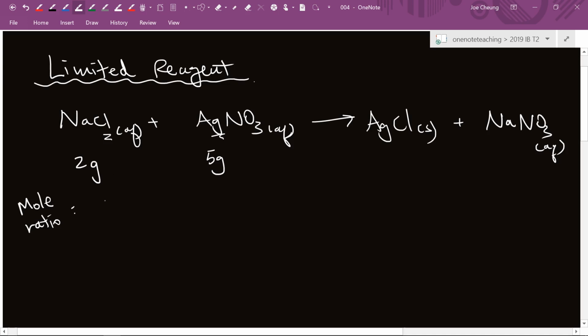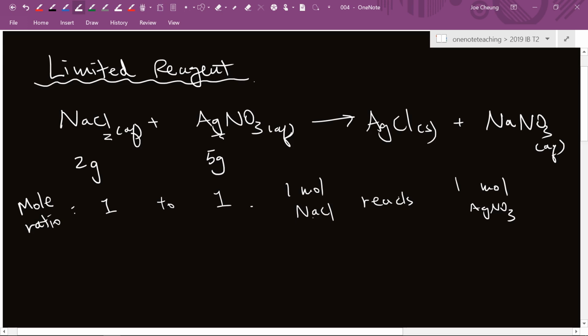The coefficient for sodium chloride is 1, and the coefficient for silver nitrate is 1. As this is a 1-to-1 ratio, it means that 1 mole of sodium chloride is going to react with 1 mole of silver nitrate.